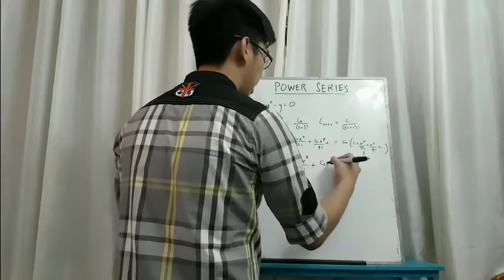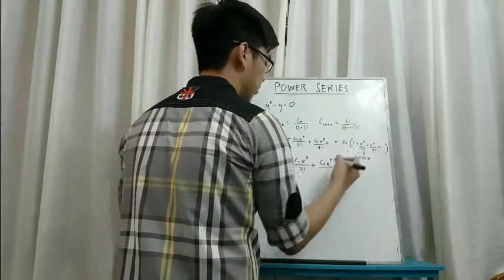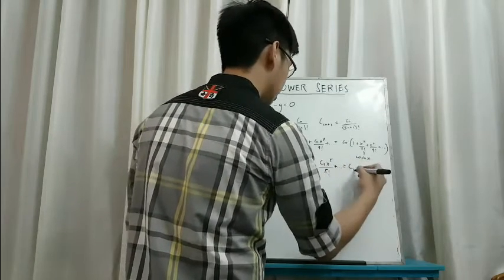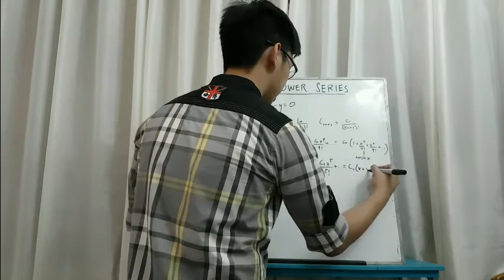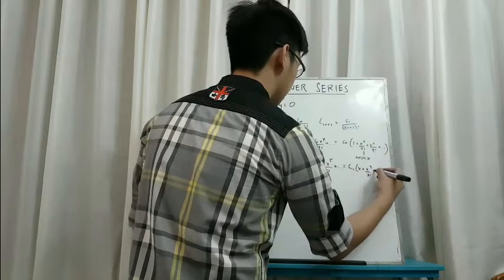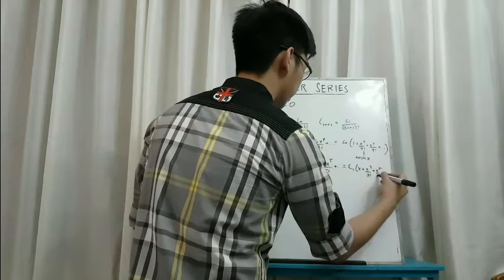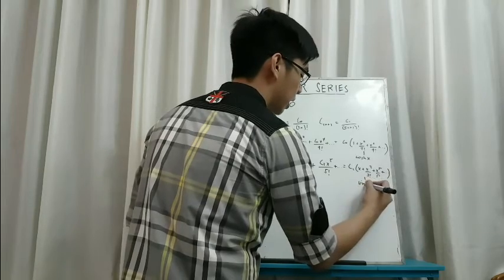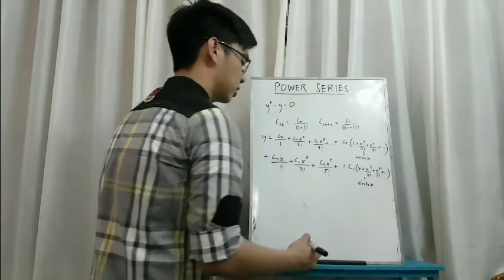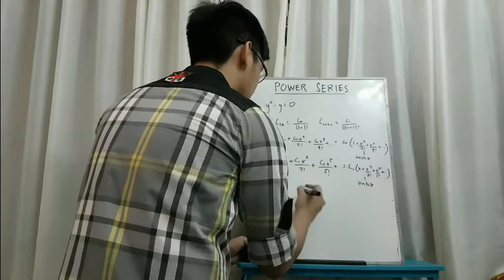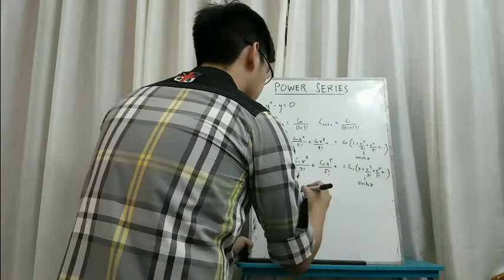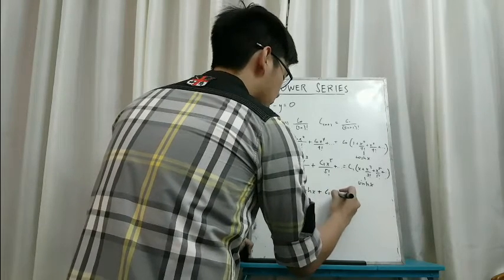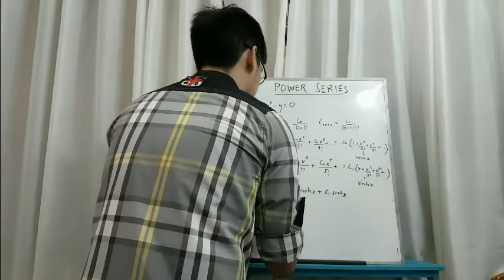So C5 has x raised to 5th over 5 factorial, plus dot dot dot, which is also equal to C1 times x plus x cubed over 3 factorial plus x raised to the 5th over 5 factorial plus dot dot dot. This is also equal to hyperbolic sine of x. So our final answer would be C0 cosine h x plus C1 sine h of x.